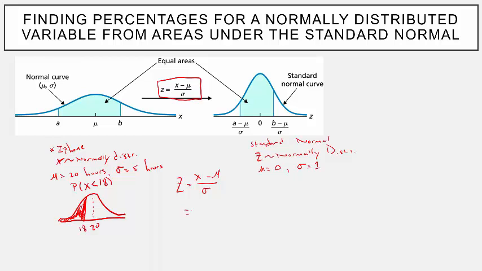The x variable is 18, the mean is 20, the standard deviation is 5, from the numbers over here. So 18 minus 20 is minus 2, over 5, that's minus 0.40. On a standard normal curve, it's centered around 0, because that's the mean. If I were to take this z-score, which is the standardized version of 18, and shade to the left of it, this area and this area would be equal, okay?